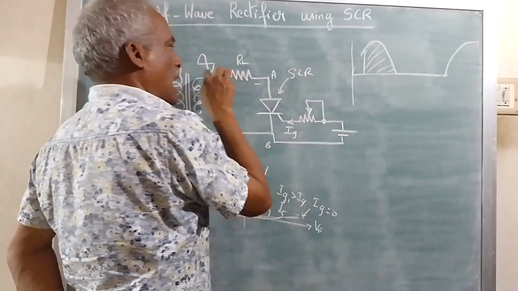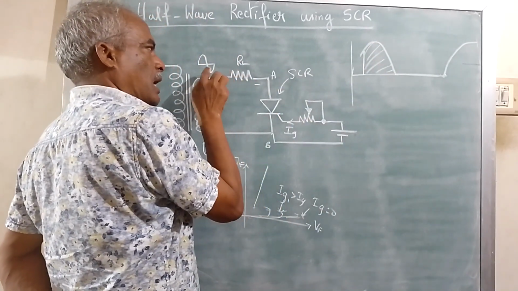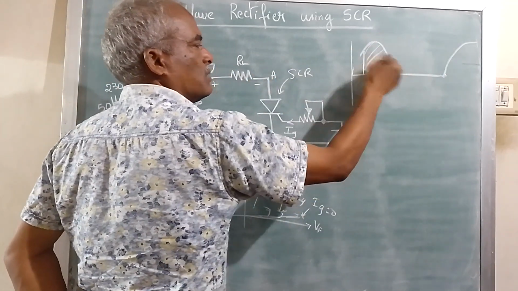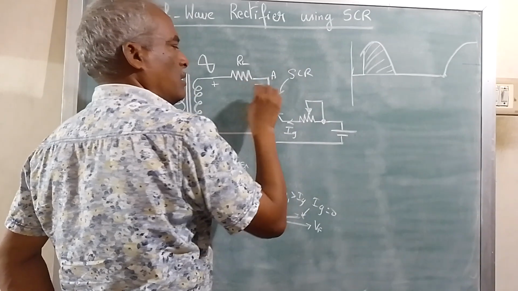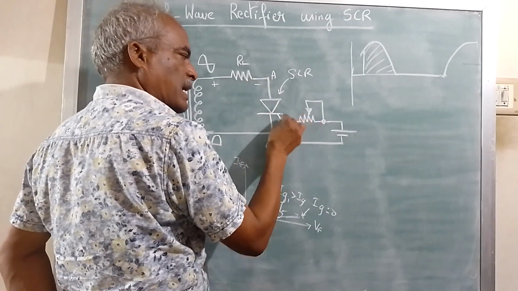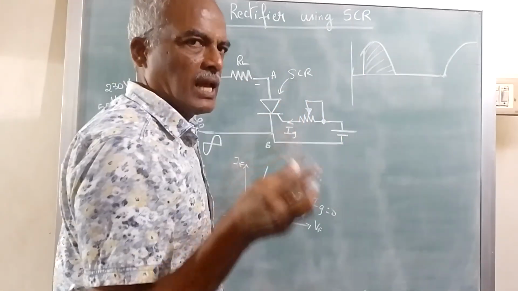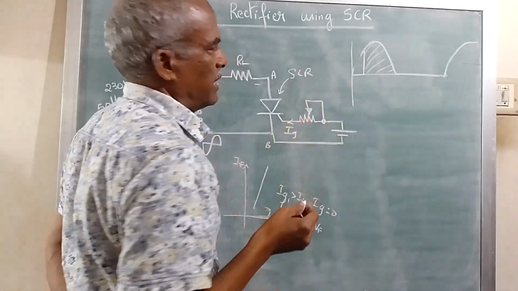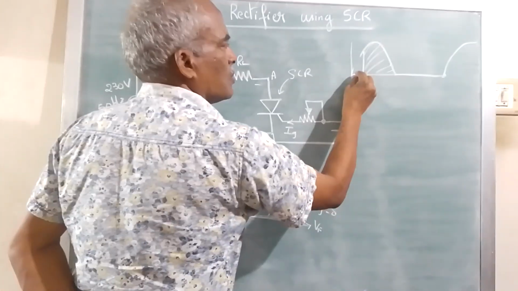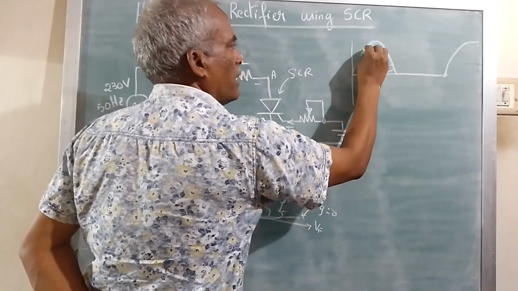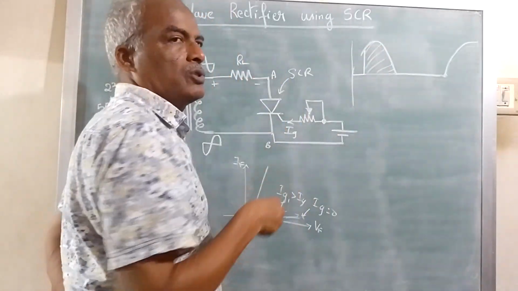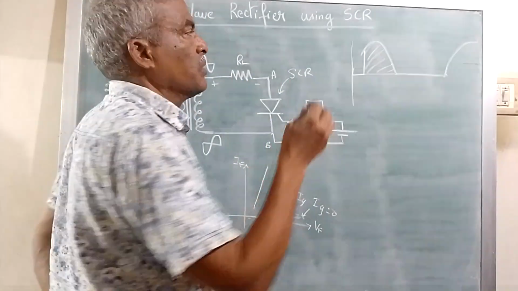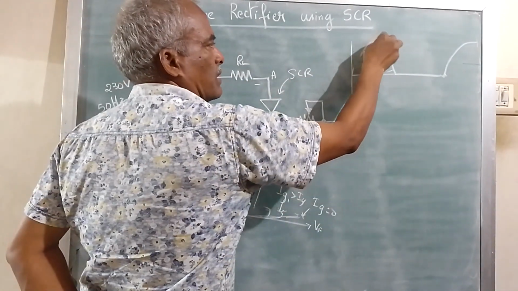Even though the input is a full cycle, positive and negative, because the gate current is controlling the conduction angle, assume it is conducting at say 45 degrees. After 45 degrees only, the device will allow the current to flow through the SCR. So it will conduct like this.